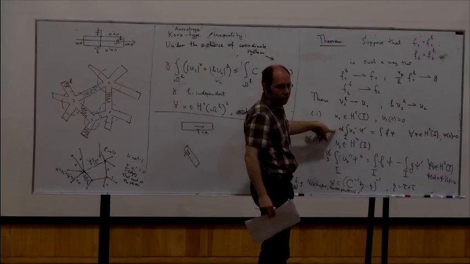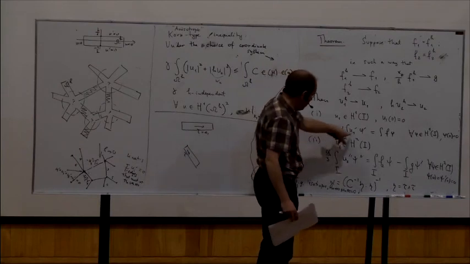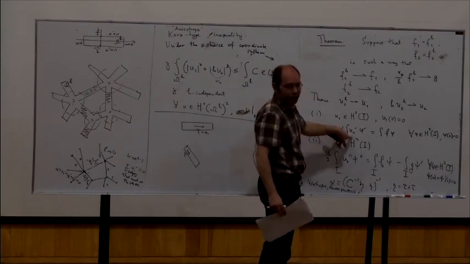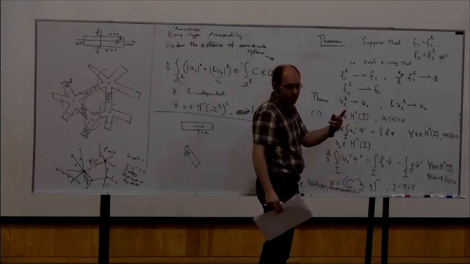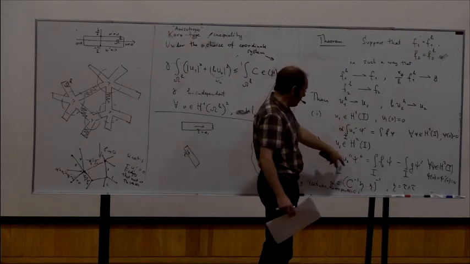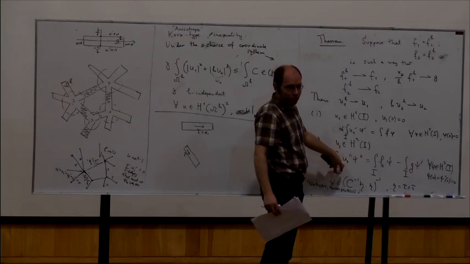So you know from here that from this equation you're going to have two constants to determine on each edge. From this equation you're going to have 4 more constants.